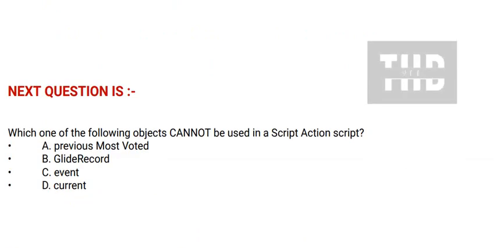Next question is, which one of the following objects cannot be used in a script action script? Option A, previous. Option B, GlideRecord. Option C, event. And option D, current.